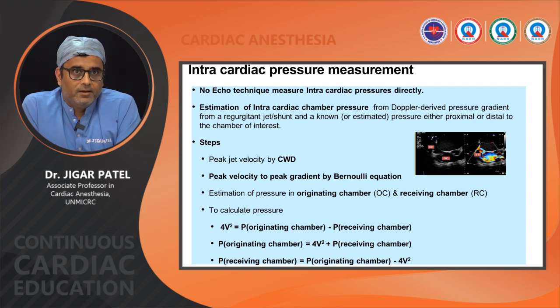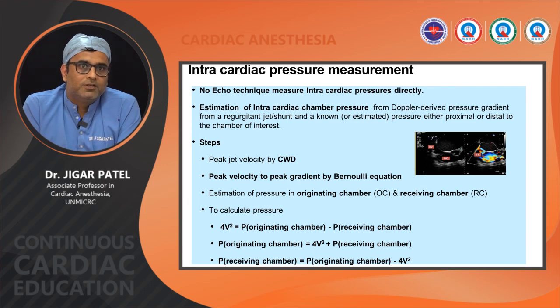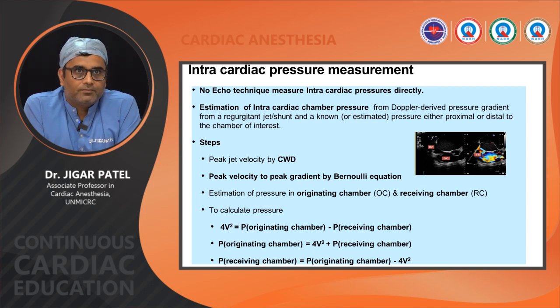The steps are: first you measure peak jet velocity by continuous wave Doppler, then you convert peak velocity to peak gradient by applying the Bernoulli equation, then either you know the originating chamber pressure or the receiving chamber pressure, and then apply the Bernoulli equation and you can get the unknown originating chamber pressure or receiving chamber pressure.